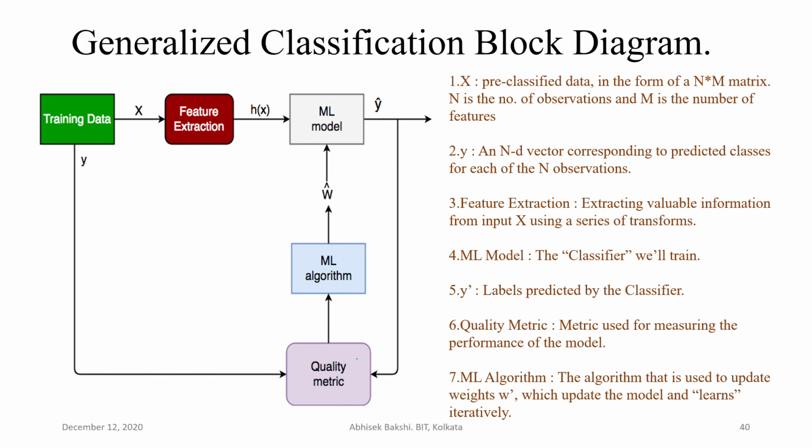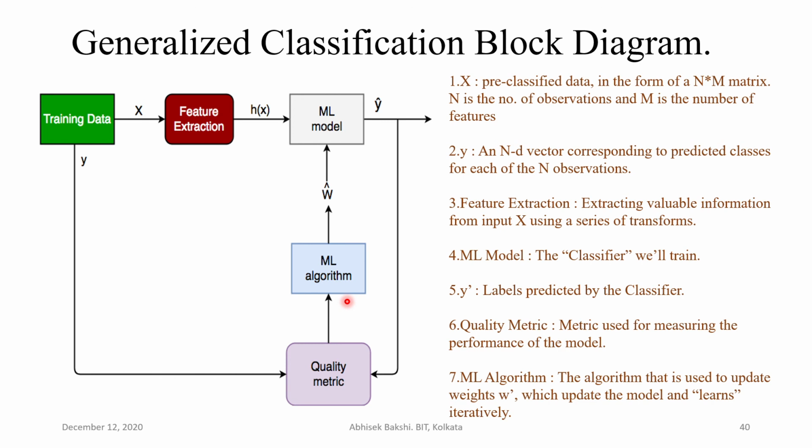Somewhere over here, I'm sorry, somewhere over here. So from this we create this Y hat, and it finds the difference with the original Y. This difference, as a quality metric, is sent over here, which gives the input to the ML algorithm. Don't mix up the ML model and the ML algorithm.